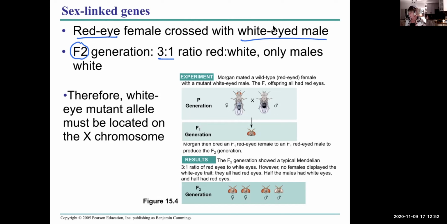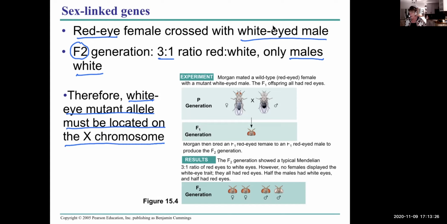Well, the ratio happened, but interestingly, only the males were white. So the white-eyed mutant allele must be located on the X chromosome, because the female has the dominant wild-type allele that masks that particular trait of white eyes. So it's a mutant trait, recessive.